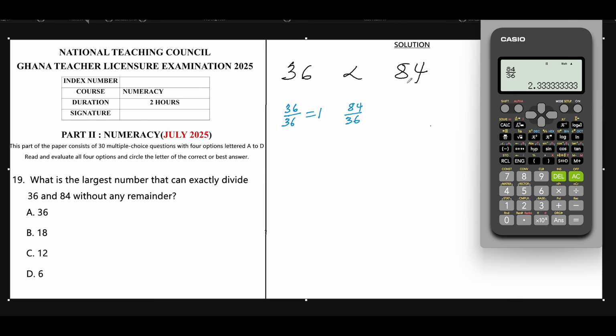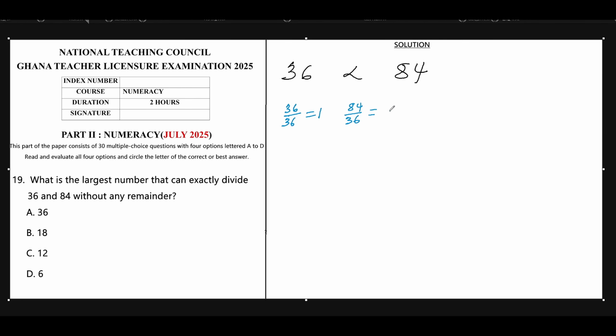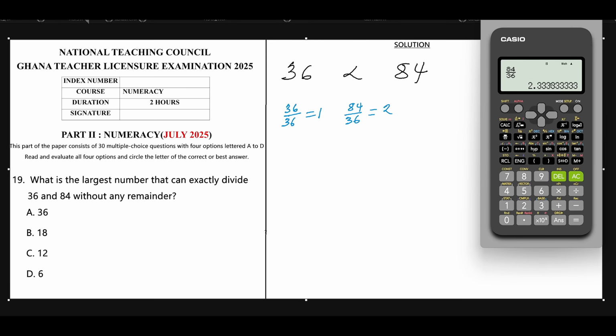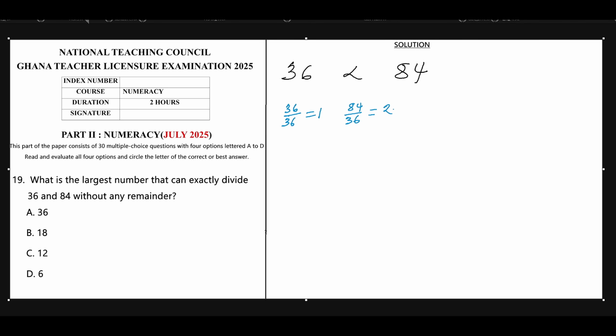So although it can divide 84, there is a remainder. Yes, 36 can divide 36 exactly without any remainder. But when you divide 84 by 36, there is a remainder. So that cannot be the answer.